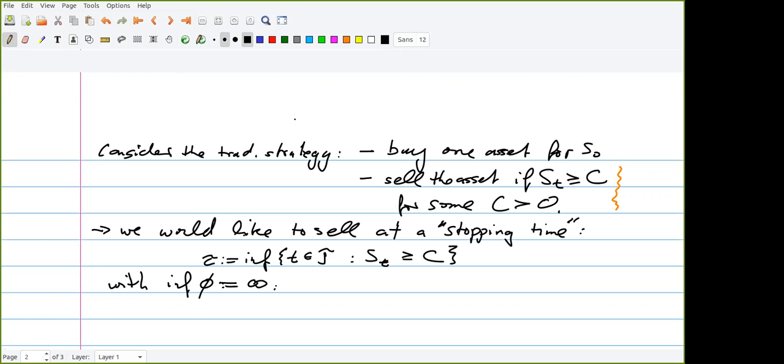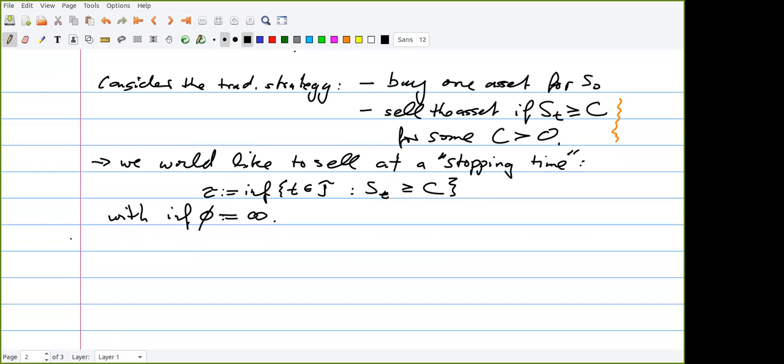Okay. So we want to mathematically understand what this notion means, because this is a naive trading strategy we want to be able to implement in our model. And it's indicated already, this is called a stopping time. And again, we want to make this little example more general by making the definition more general.